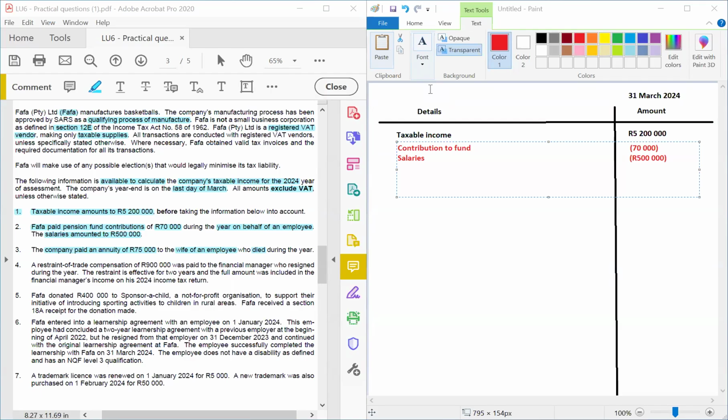That's a deduction, right? If you want to look at it in terms of the legislation, this is part of your section 11(m), so it is part of your general deductions. Any annuity that you pay to the dependent of a former employee is deductible, right?